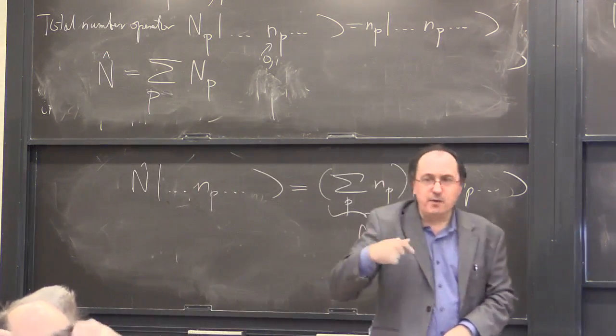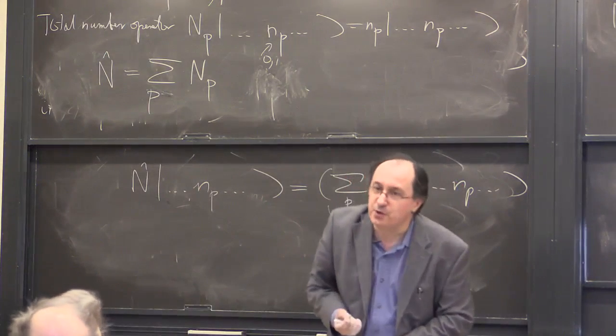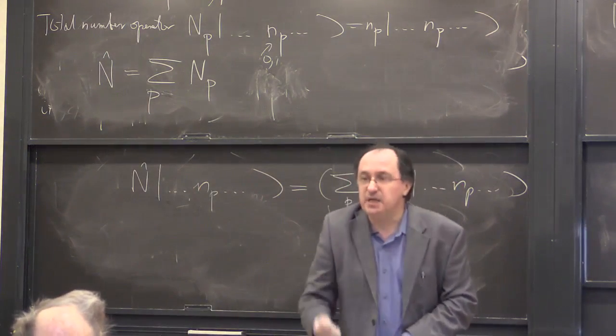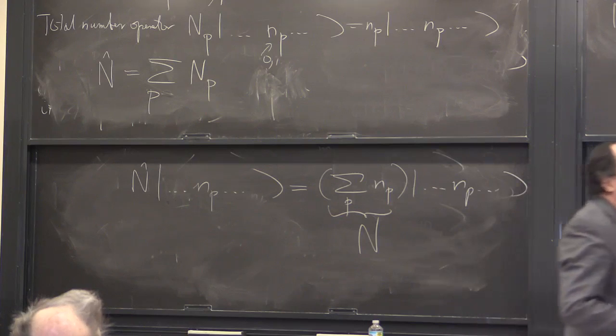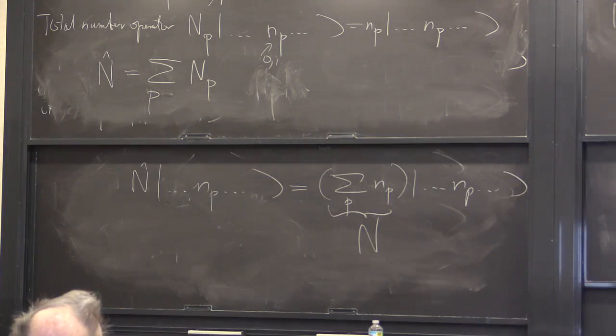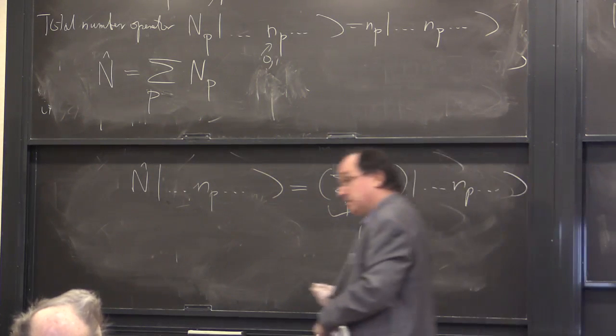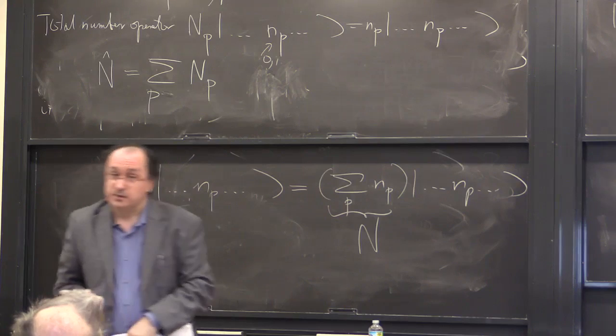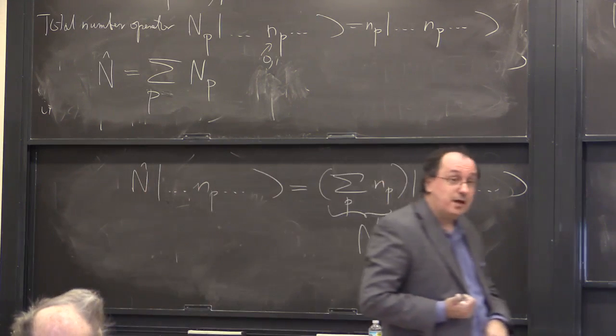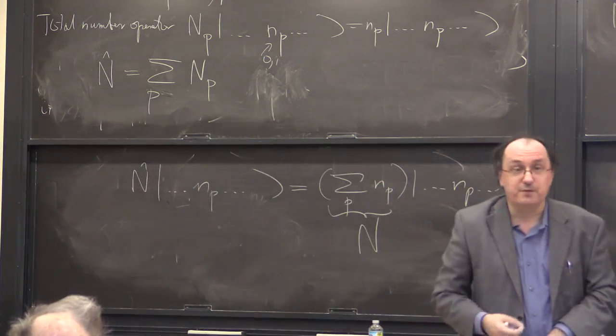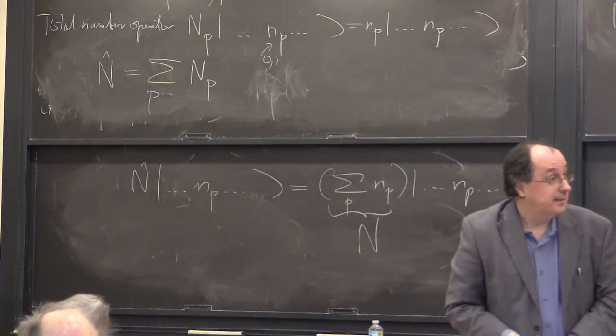In our course, it's not going to be so important because in the end we'll always know how many particles we've got. There is an area where this is an important operator. There's an area called DFT. Density itself doesn't tell you how many particles you have, so you have to talk about the problem of N-representability.